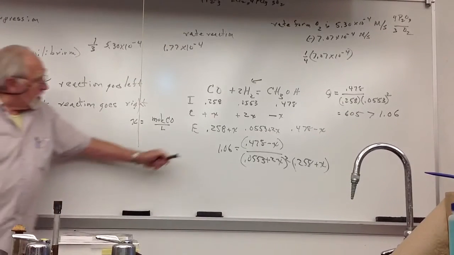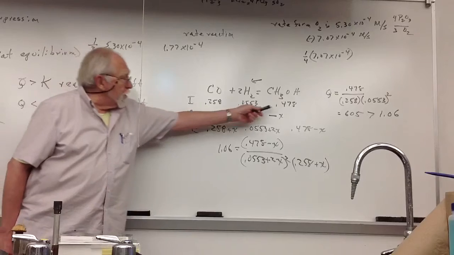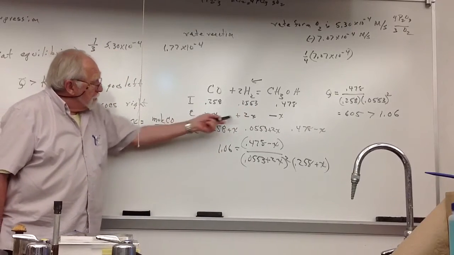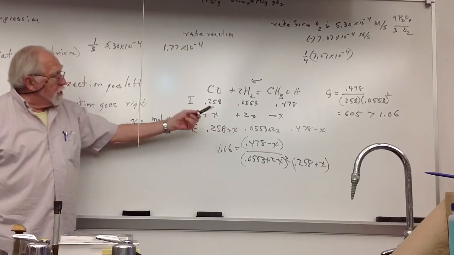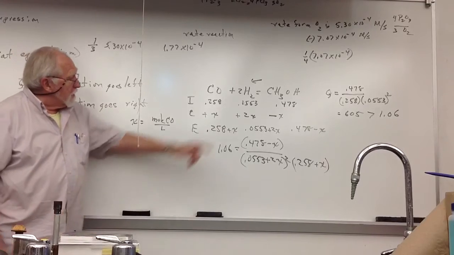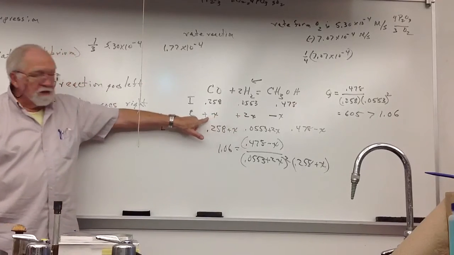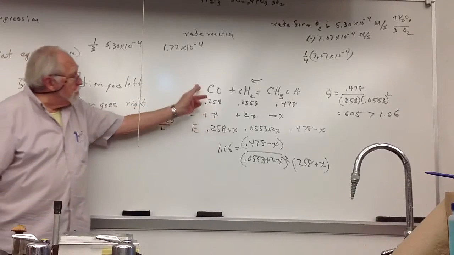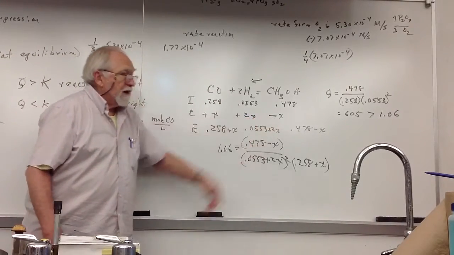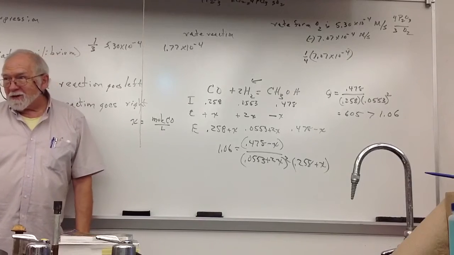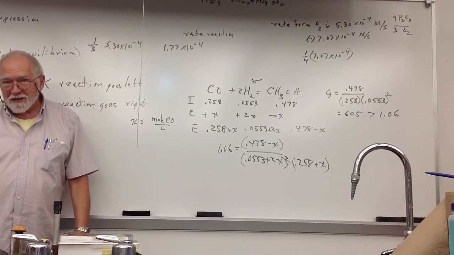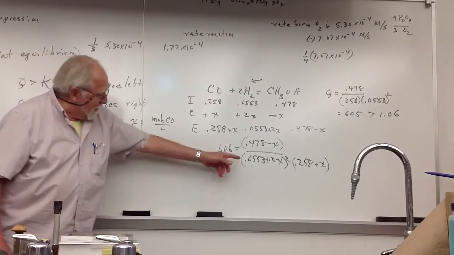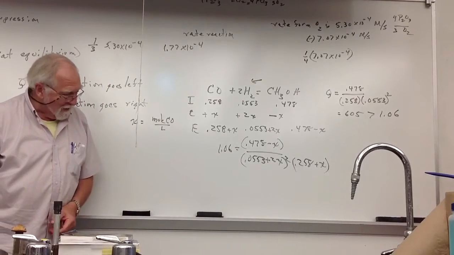But this is how you would set the problem up. In other words, you put down your initial numbers, then you put in the change, and you call something x. If I would have called this x, what would this number be? 1/2, because it's a mole ratio of 1 to 2. And this is 1/2. Most of the time, people like small whole numbers rather than fractions, because you're putting it into cubes and squares and things.